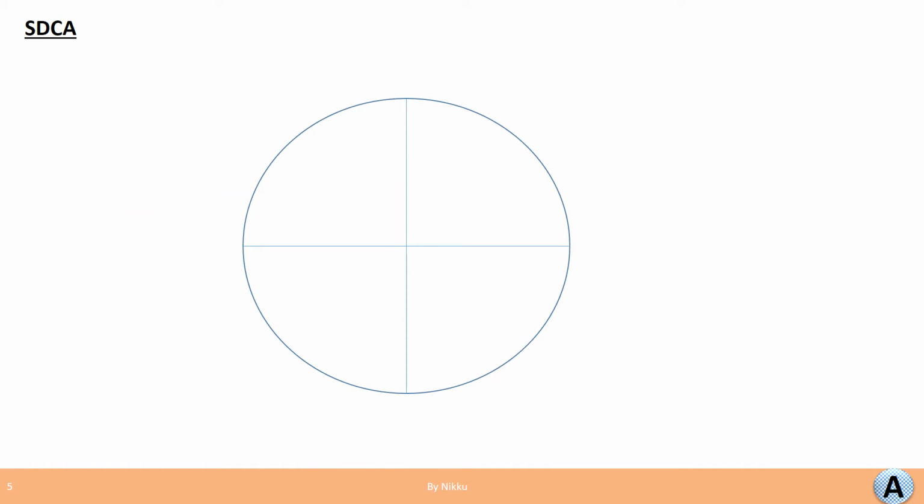Now coming to the SDCA approach, there is a circle on your screen with 4 quadrants for the 4 phases of SDCA. The first phase is S, standardize. Standardize means establishing a standard to achieve the result or goal. What is meant by standard?